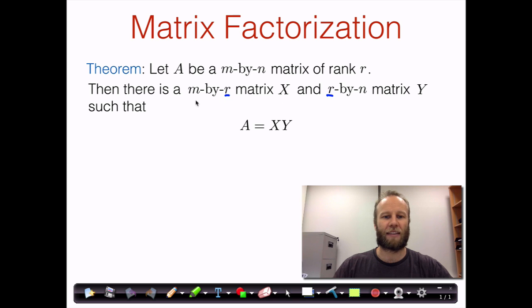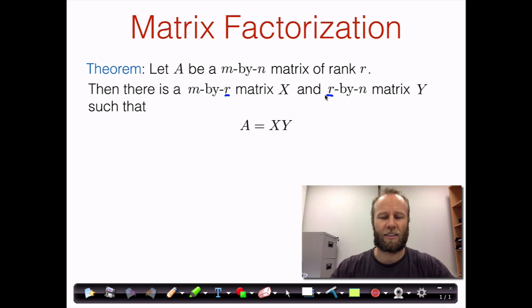Because if we multiply X, which is m by r, by Y, which is r by n, we obtain an m by n matrix, the same dimensions as A. So this theorem says that if A has rank r, then we can write it as a product of two matrices, X and Y, where X has r many columns and Y has r many rows.